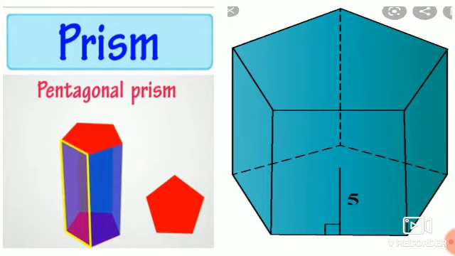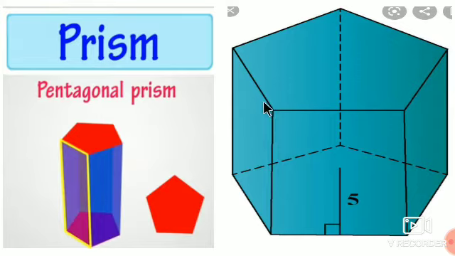The pentagonal prism has how many faces, how many edges, and how many vertices? Let's count. This top face has 5 vertices, bottom face has also 5 vertices, 5 corner points, correct? So 5 plus 5, 10 corner points, means 10 vertices. Now the edges.